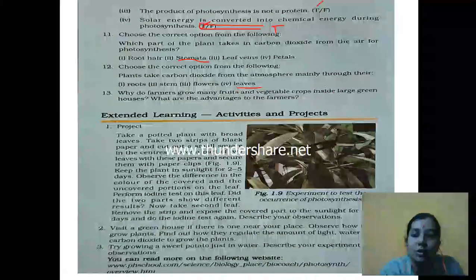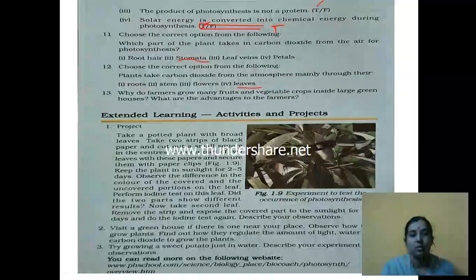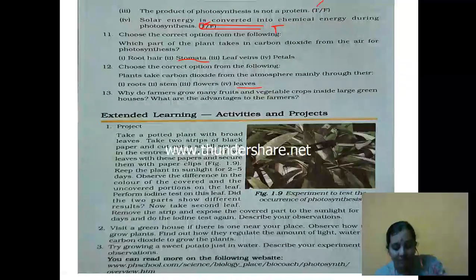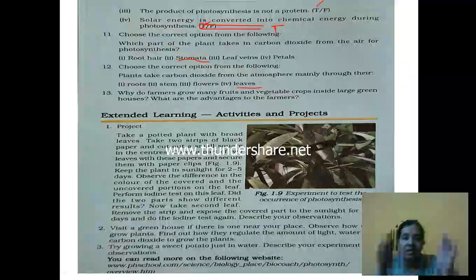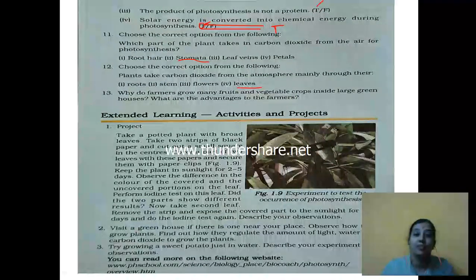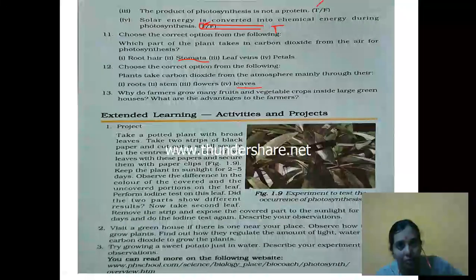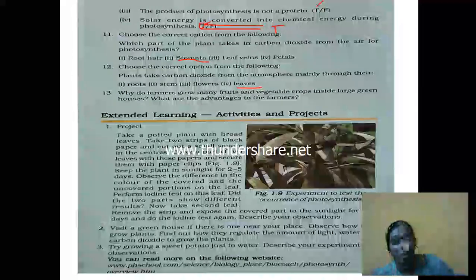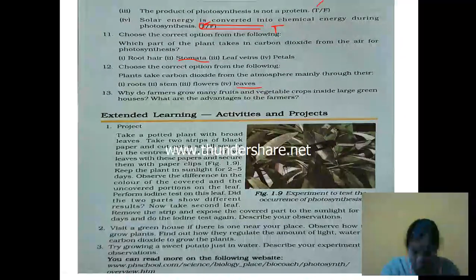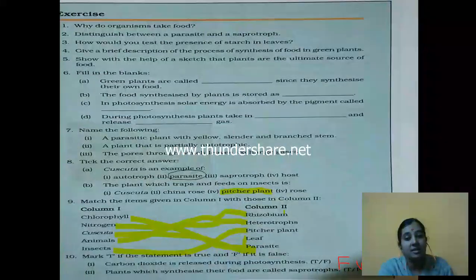Why do they grow in greenhouses? In greenhouses, they have particular nutrition and all the setup which is required for these fruits and vegetable crops, so that they have organic matter there for growing. Okay, I hope you have understood these question answers.